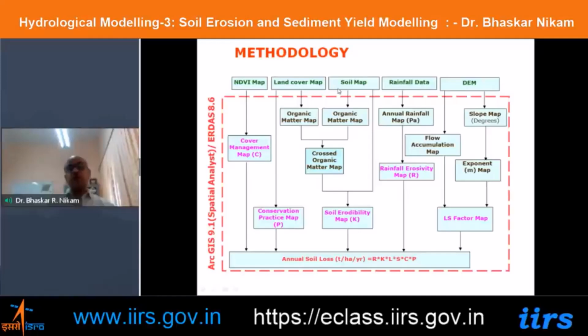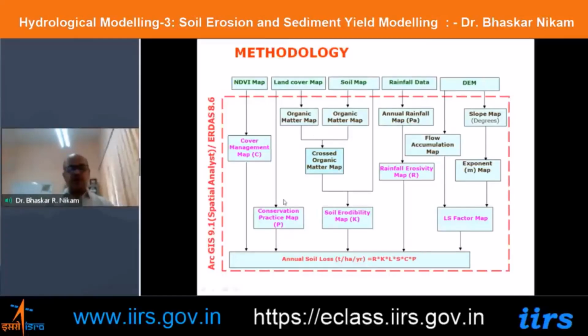Here I have combined the soil and land use land cover map, because you don't have organic matter content in the soil map. You can fuse the soil and land use maps and use some standard tables to generate an organic matter content map. So now we'll have a soil texture map as well as an organic matter content map. You can use them together for calculating the soil erodibility factor.